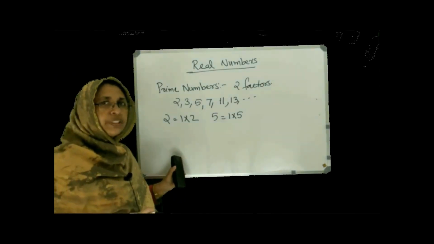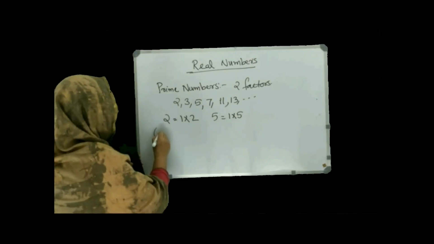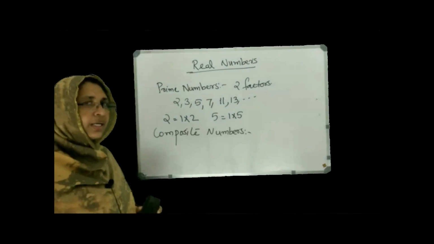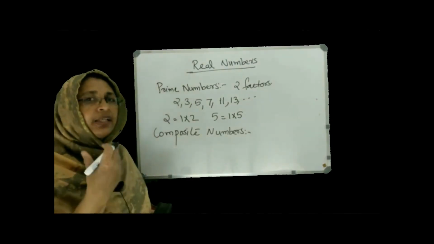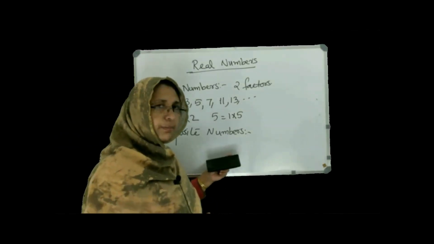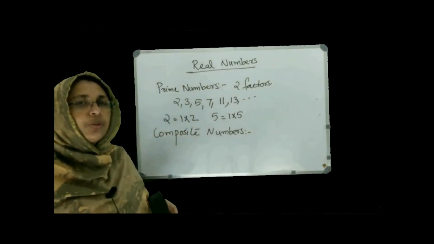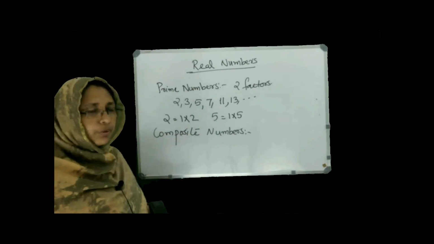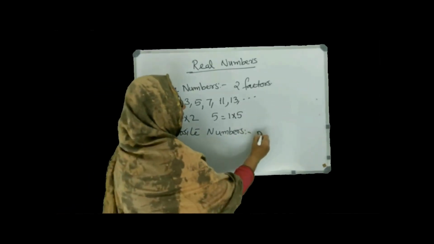What are composite numbers? A number that has more than 2 factors is called a composite number.